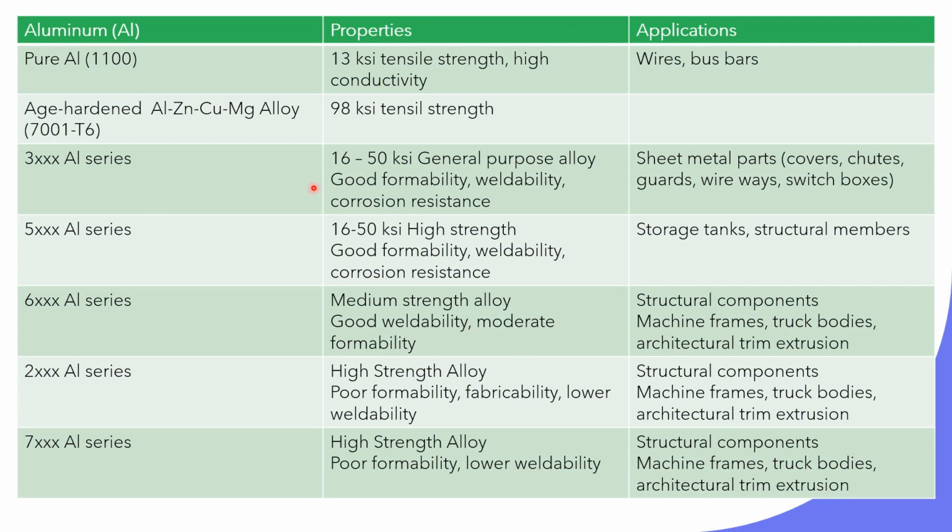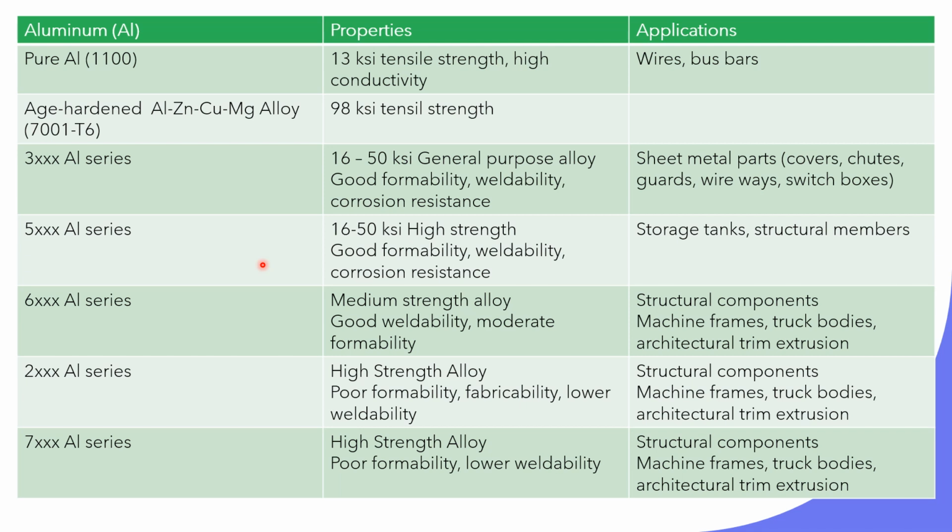Series 3, 16 to 50 ksi, and they're just a general purpose alloy because they have good formability and weldability. Weldability means you can weld on that alloy, and they're corrosion resistant. Looking at the application, we use them in sheet metal parts like covers and shoes and guards, wire ways and switch boxes.